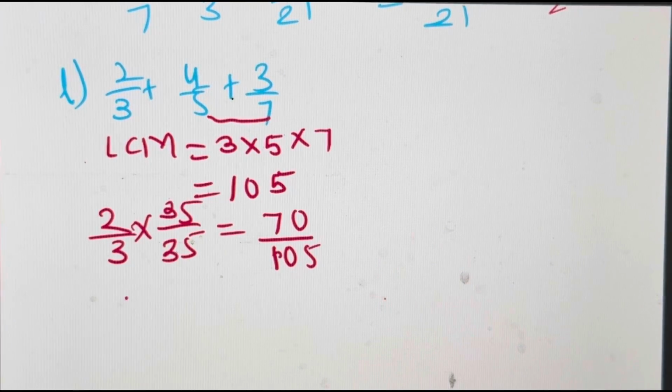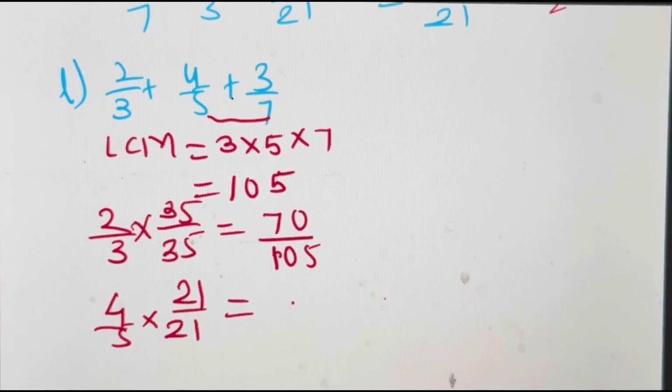Then you take the second fraction 4 upon 5. So now you will multiply 4 upon 5. This is 5. Remaining denominators are 3 and 7. So 3 sevens are 21. So you will multiply by 21. Right? So 21 4s is 84. And this is 105. Okay.